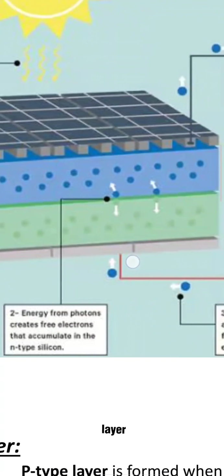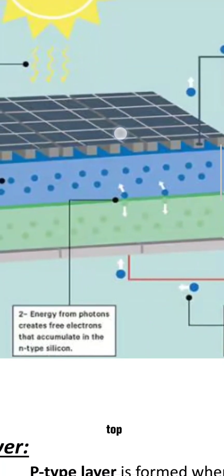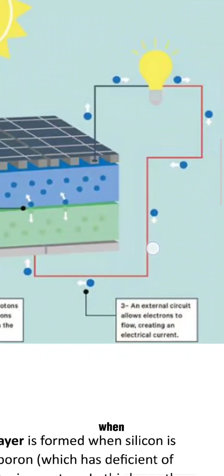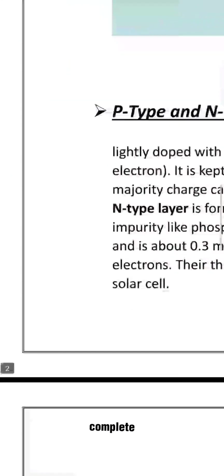After that comes this layer. This is the conductive electrode, just like the metal strips on the top of this solar panel. This last layer is also for electrodes. When wires are connected to both of these electrodes, it completes the circuit, and the main purpose of a solar panel, that is to utilize that electricity, is now complete.